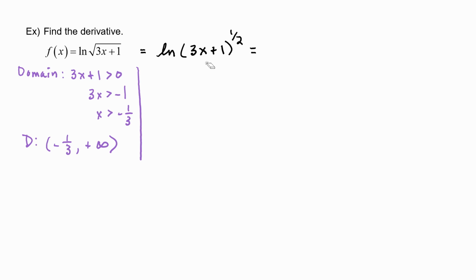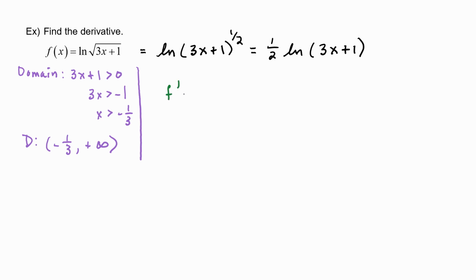And now, because this argument is always going to be positive because of our domain restriction here, we know we don't have to worry about any absolute values. We can bring this exponent of 1/2 out front and take that times the natural log of 3x plus 1. Now we can find the derivative.